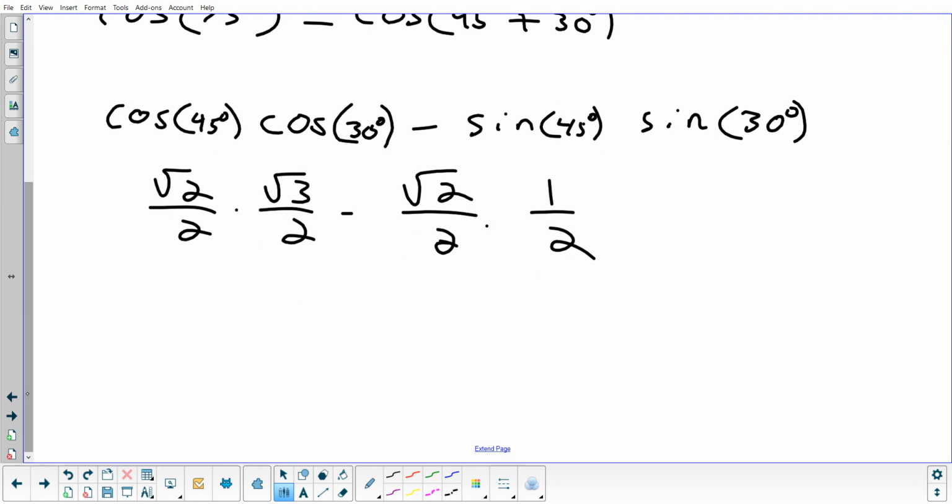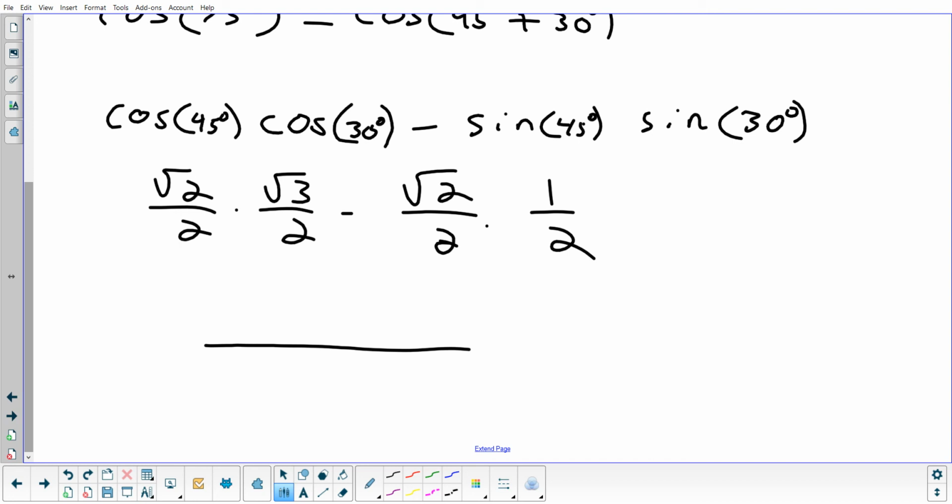Okay, so let's multiply that all together and write our denominator. Francesca, what's going to be my denominator? In both parts. Oh. 2?